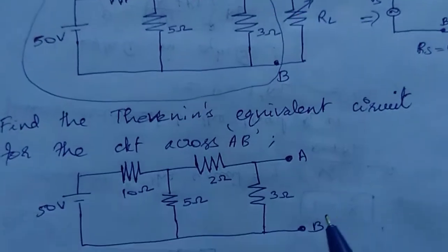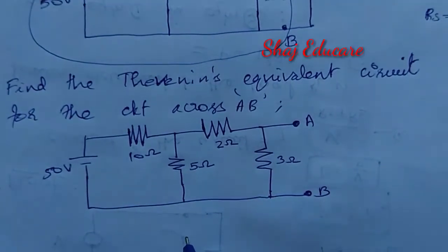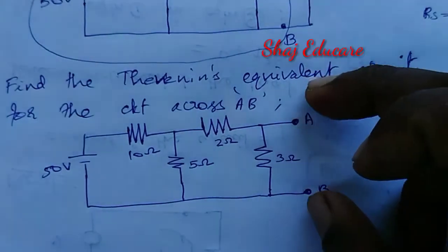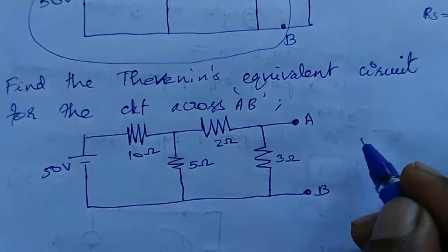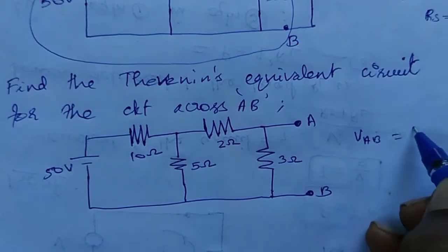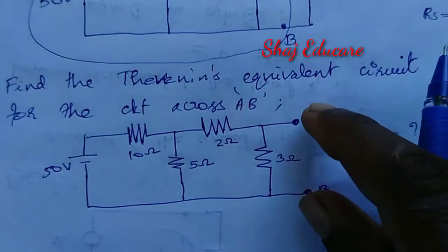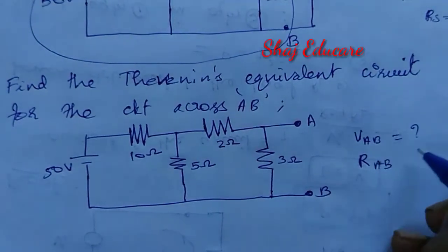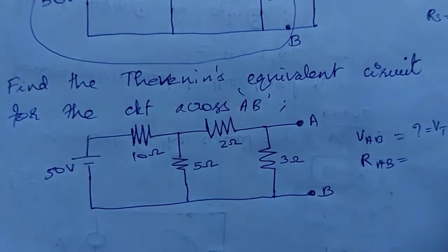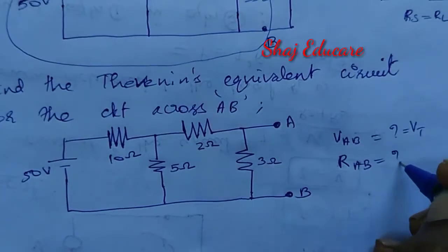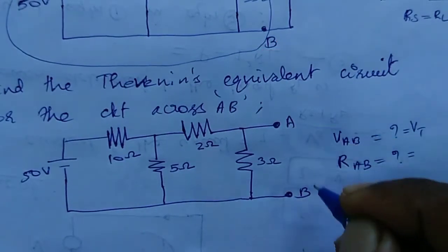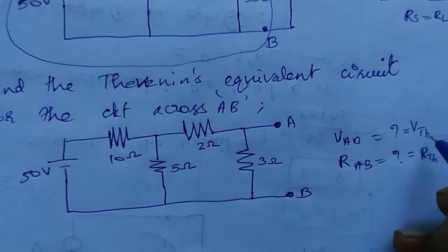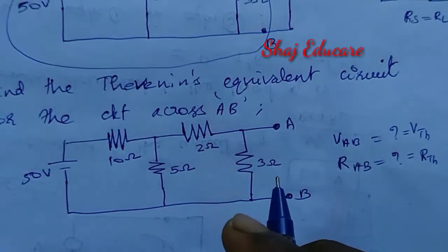In order to find the Thevenin equivalent, we have to find the open circuit voltage across AB, that is VAB, and the equivalent resistance across AB, that is RAB. That will be the Thevenin voltage VTH, and this one will be the Thevenin resistance RTH.